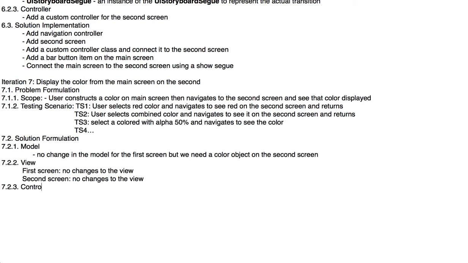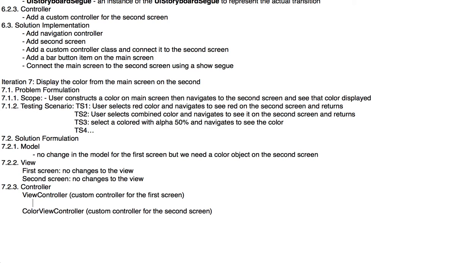So now the controller. We have the view controller, which is the custom controller for the first screen. And I have the color view controller, which is the custom controller for the second screen. In the view controller on the first screen, I have sliders that are in the class, and inside the display color function, I retrieve the values and create the color.